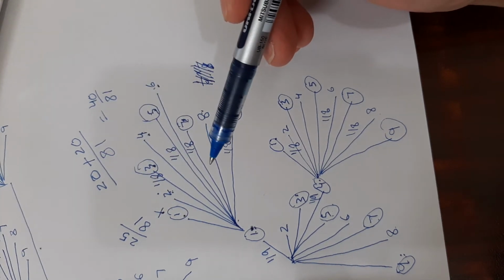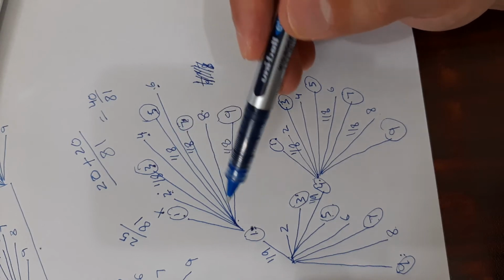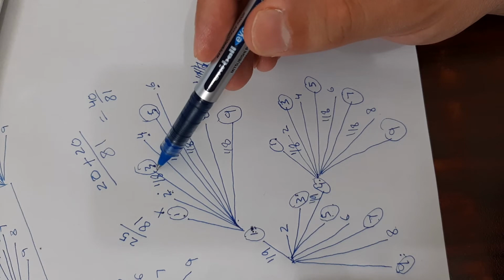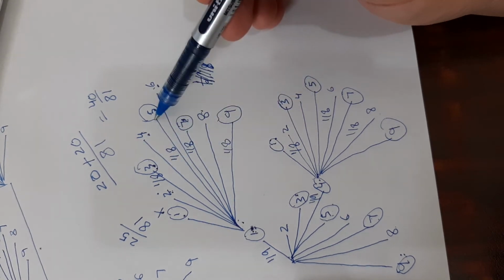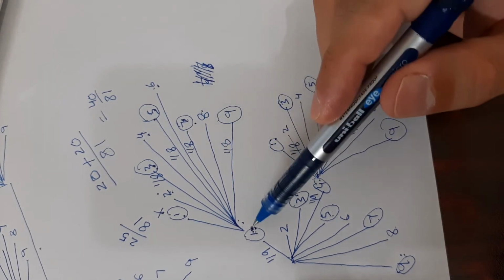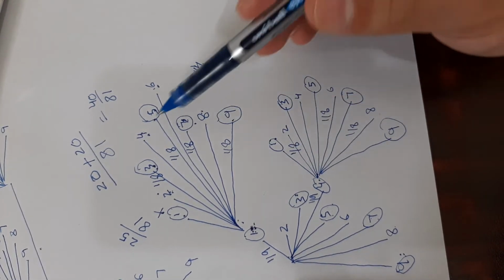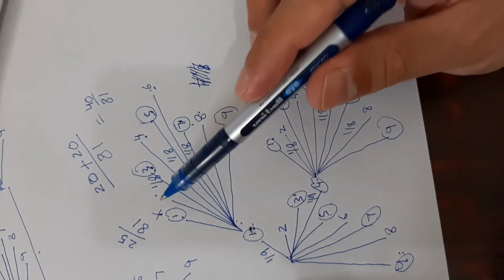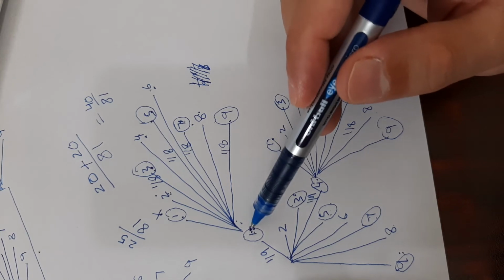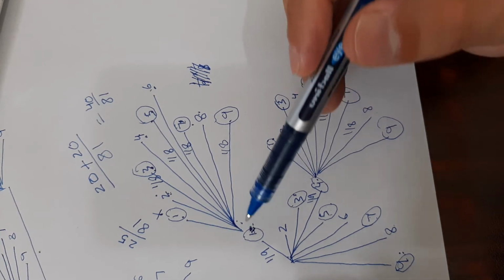So there is a crossover here for this case. Now the probability of having both numbers odd: 1, 3, one outcome; 1, 5, second outcome; 1, 7, third outcome; 1, 9. 4 outcomes from 9 in this diagram when both numbers are odd.